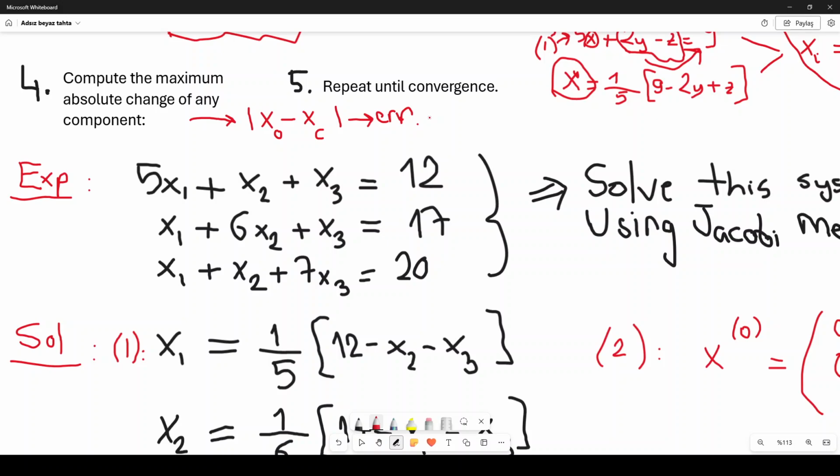Let's define it. We can write it in different manners. Say this is the error, with tolerance. In other words, our error tolerance, or the amount of error that we can tolerate, or error rate in short.